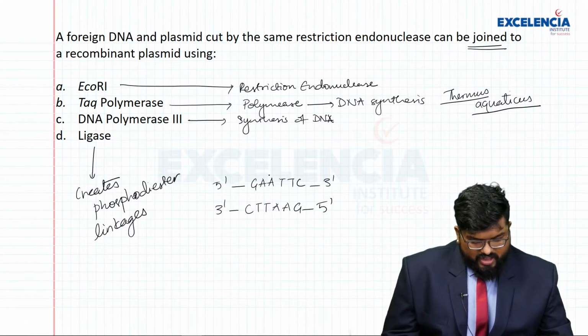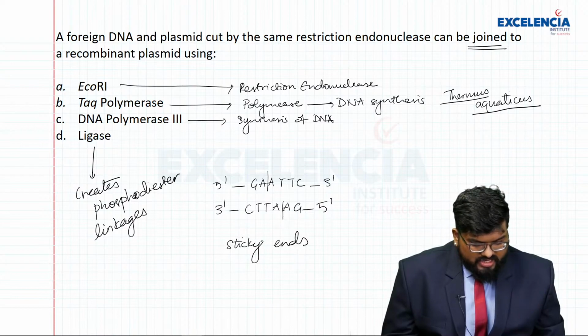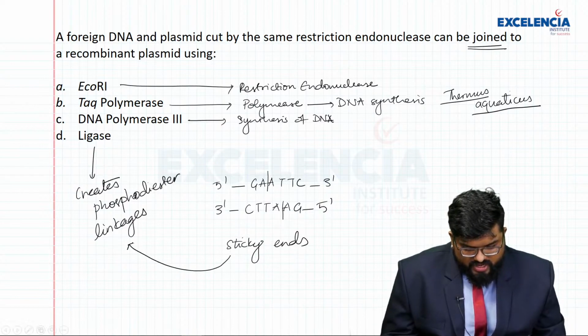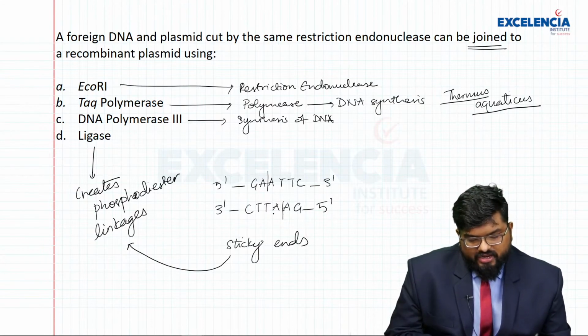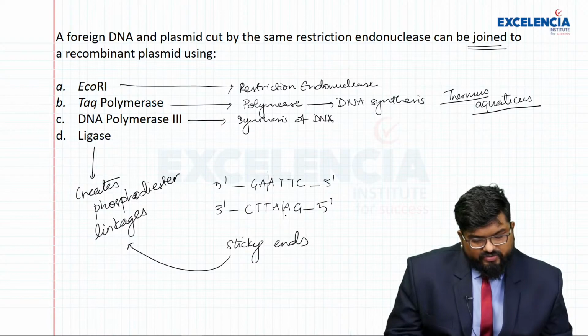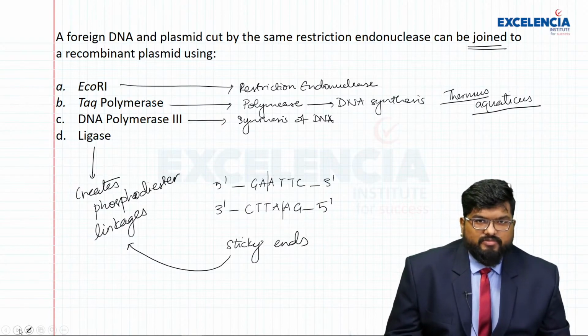This is how it will cut it, so we will get sticky ends. And these sticky ends from the two DNA sources will be joined by what? Ligase. So a foreign DNA and plasmid cut by the same restriction endonuclease can be joined to a recombinant plasmid using ligase. Yep, that is the answer.